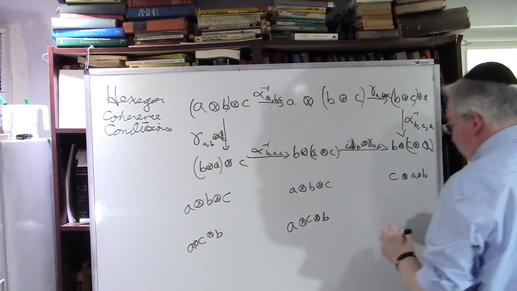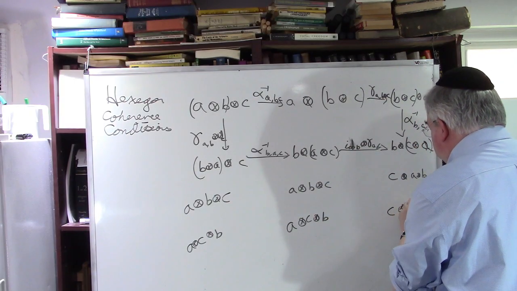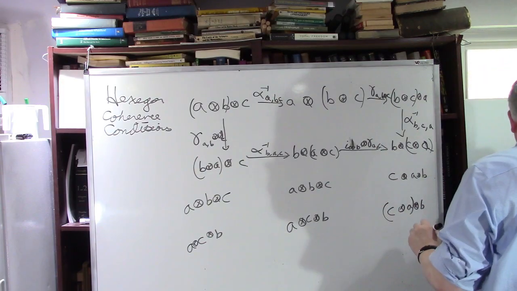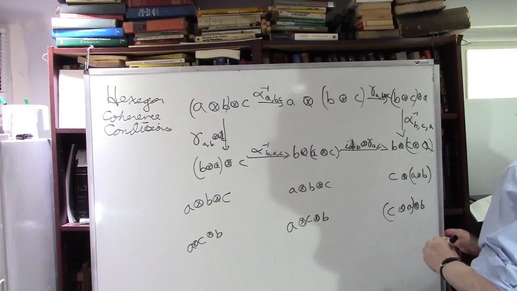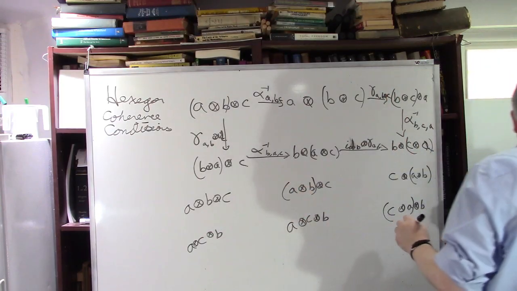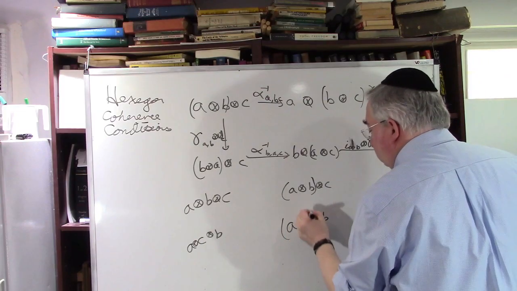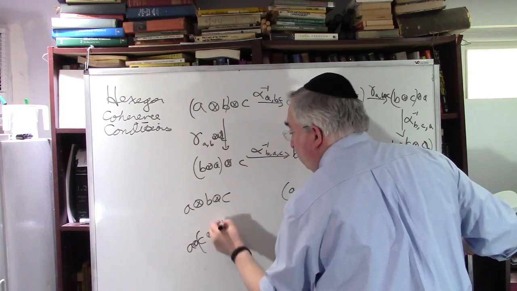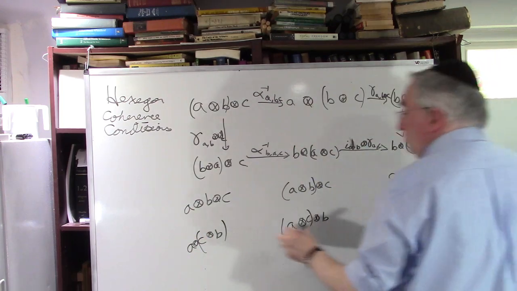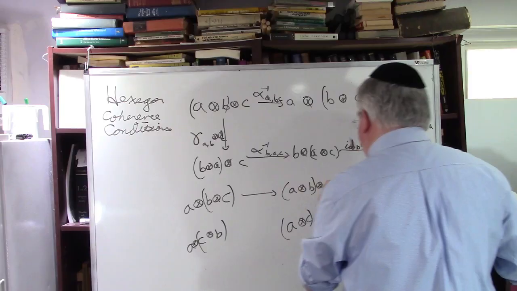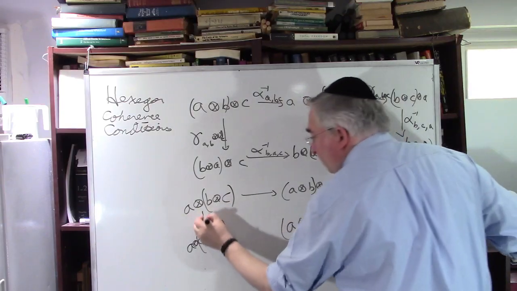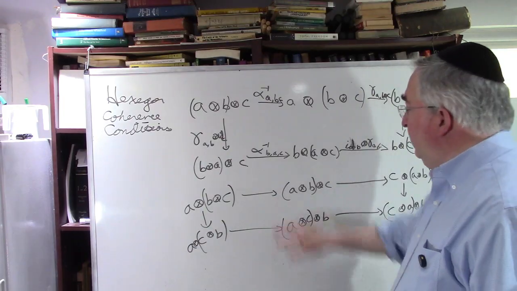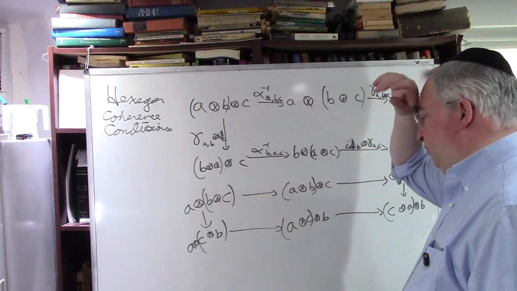This is CAB. Okay, so again, hexagon, there are 6 maps in each one, hence the word hexagon.